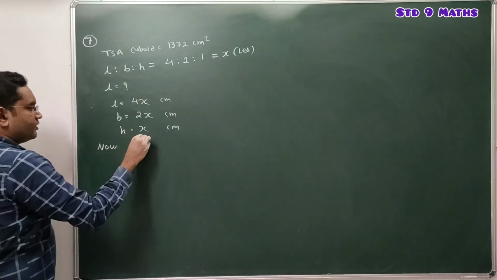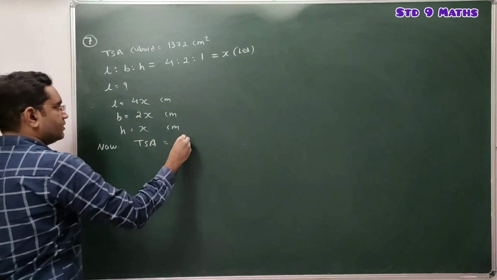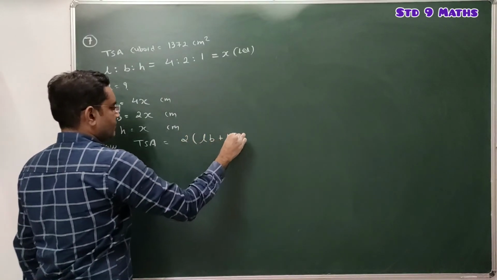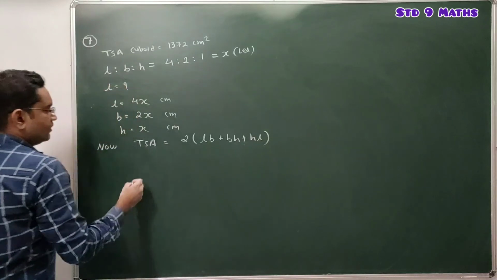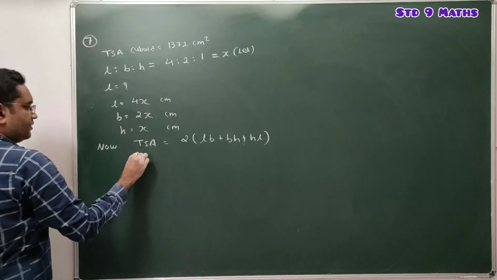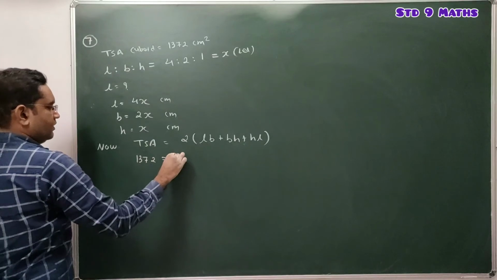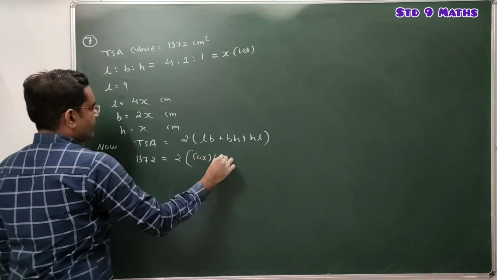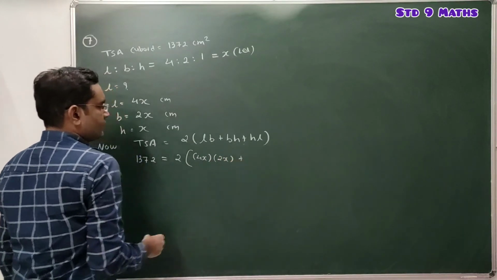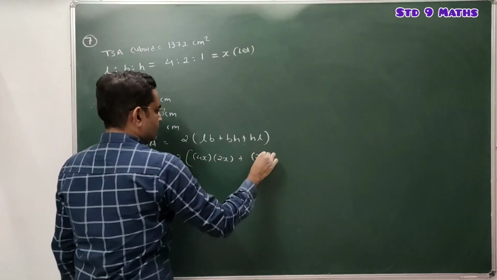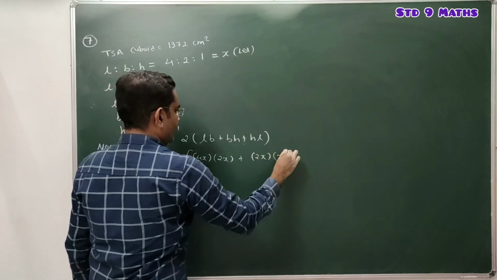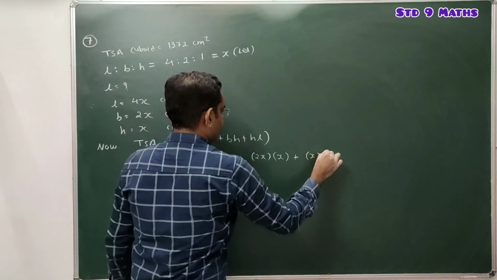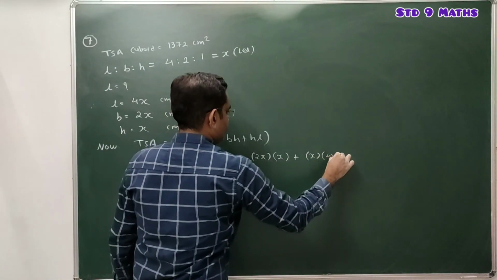Now the total surface area of the cuboid is given. Total surface area of the cuboid is nothing but twice of LB plus BH plus HL. Total surface area is given as 1372, and that is equal to twice of L into B, 4x into 2x, plus B into H, 2x into x, plus HL, H into L, H is x and L is 4x.